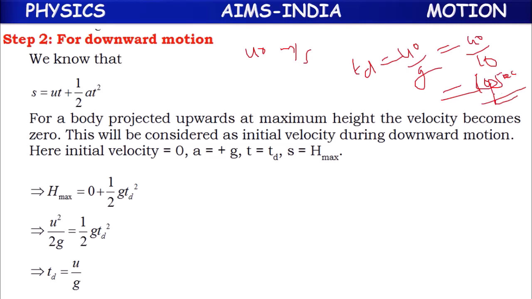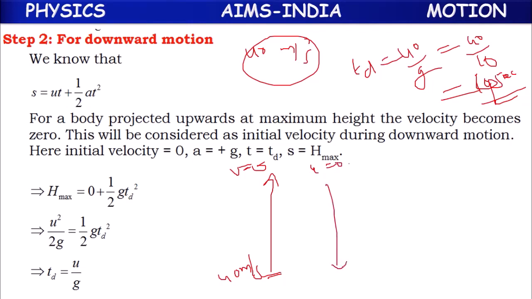We can directly tell if we know the initial velocity. While throwing it up, we have thrown it with 40 meters per second. The velocity will become 0, and now the initial velocity will be 0. Again it will come down with velocity 40 meters per second.